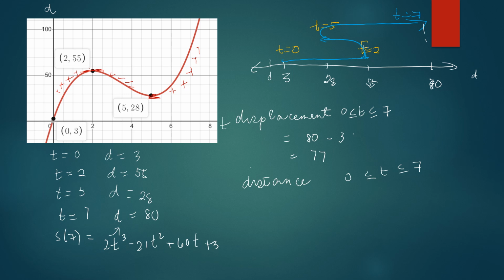From 3 up to this point, 3 to 55, that is 52. That's the distance covered. And then from this point, 55, you move until 28. So this is 27.